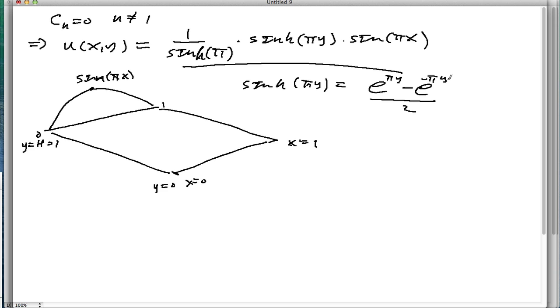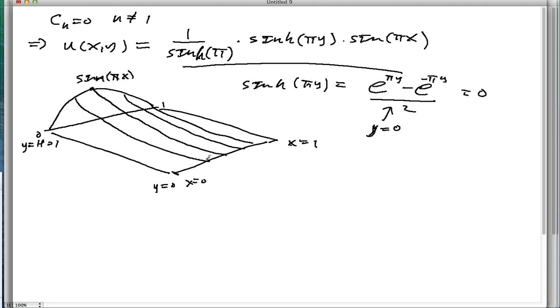And if y is 0, if we plug that in, we get 0, right? So we actually know that it's going to be something like this. It's going to kind of come down exponentially, like that. And that's as desired, right? Because we wanted it to be 0 on all the other boundaries.